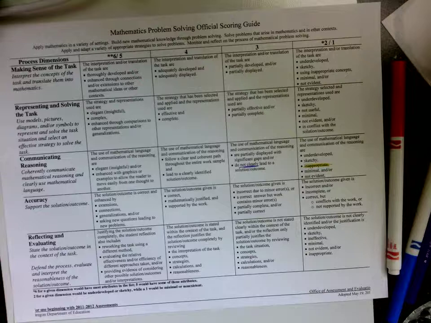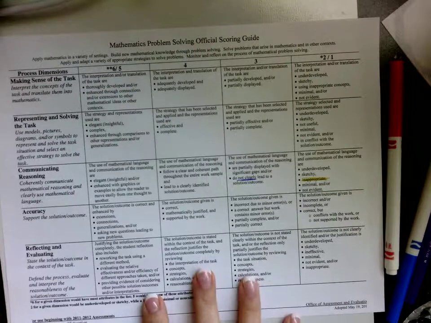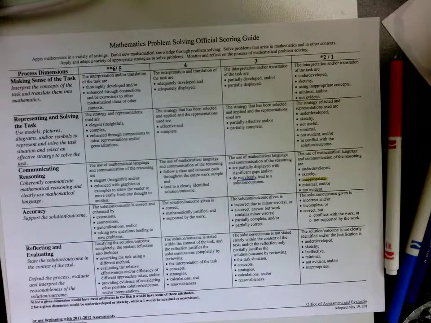You get a chance to redo these, but we can't tell you about them. We can only hand you your work and this official scoring guide and say, here you go, you can try again. So it's really important to know exactly what's needed for all of this.